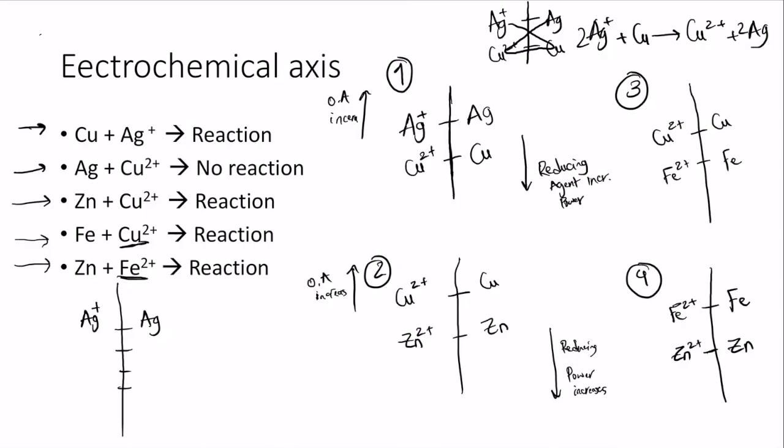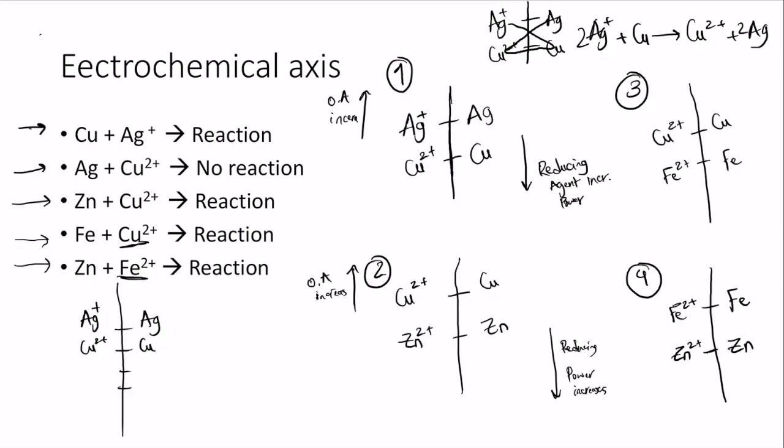We have Cu2+, Cu2+, Cu2+. So Cu2+ is below Ag+. We don't have something between Ag+ and Cu2+, or between copper and silver, to be more precise. Then here we have Cu2+, Cu.